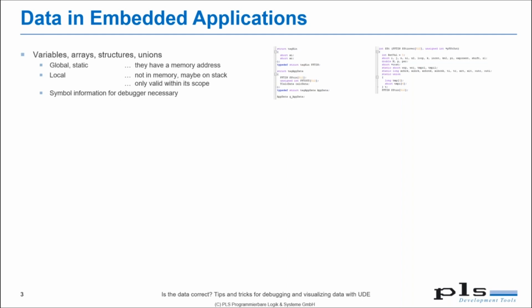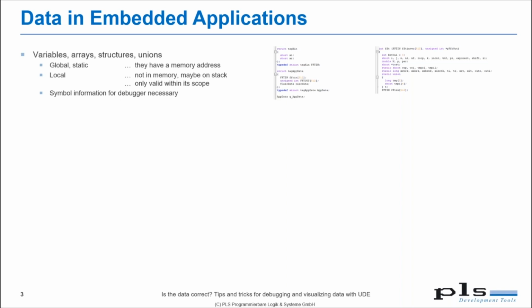So that means they are volatile. So in the debugging tool, during debugging, we can only see them when the application is stopped and the variable is within the current scope. So local variables are either stored in a register or they are on the stack.